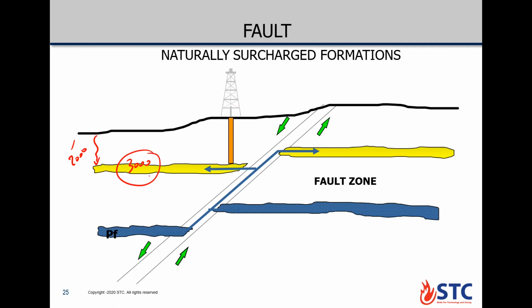But once the fault happened, the formation moved to a shallower depth, let's say here at 1000 feet, but with the same pressure, 3000 psi. So if you're gonna drill a well here, you expect the pressure to be lower than 3000 due to a shallower depth. But at the shallower depth, you found a higher pressure, so you're gonna find here a kick, you will be in underbalance. So you need to take into consideration the fault reason.